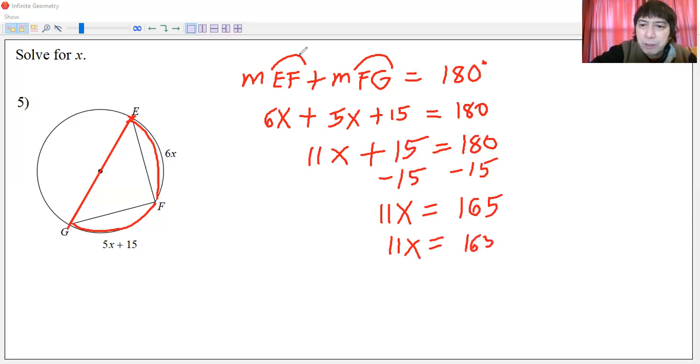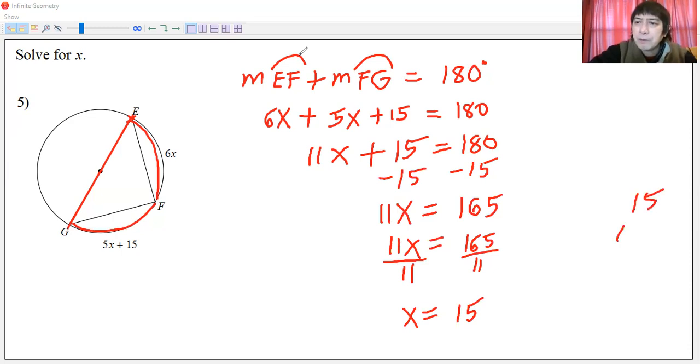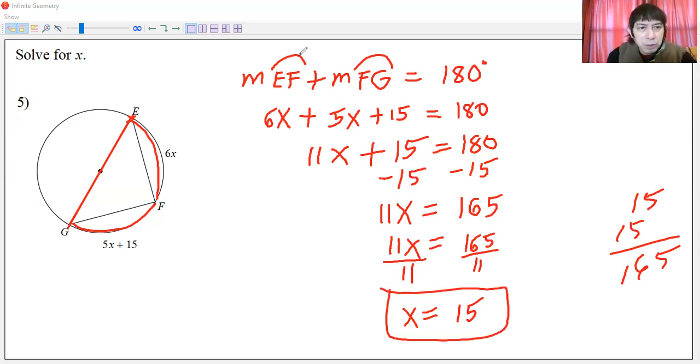We proceed by dividing both sides by 11. X is equal to, how much is that? 15. Yes. 15 times 11 is 165. Yes, that's correct. So x is equal to 15. And that should be the required answer, okay?